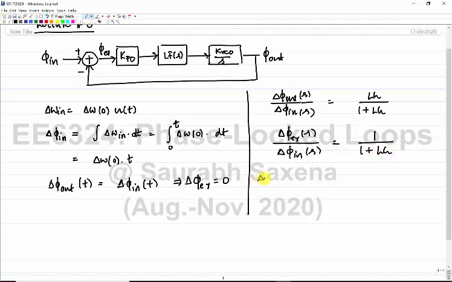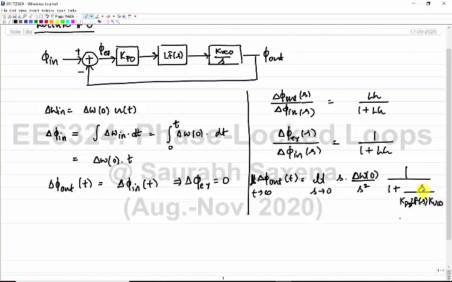So if you are looking at delta phi out of t at limit t tends to infinity, this was for the step input, step frequency input, this was S times delta omega of 0 by S square into 1 by 1 plus 1 by loop gain. Sorry, yeah. So this is going to be 1 by loop gain, and loop gain was KPD, right? F of S times LF of S times K VCO by S. This was the case?